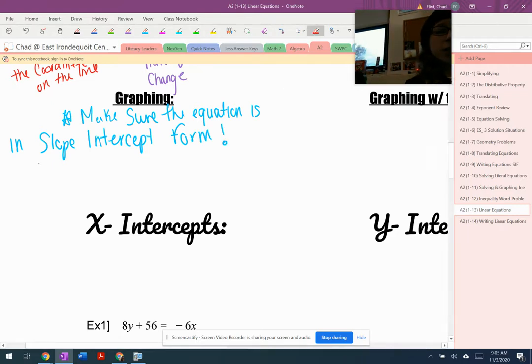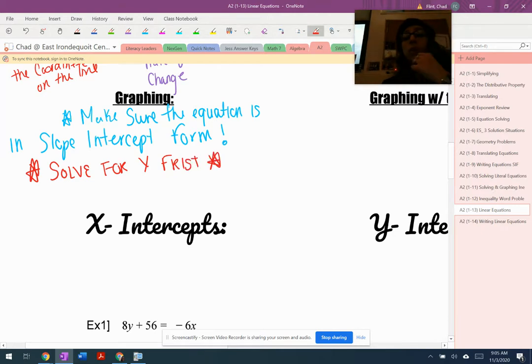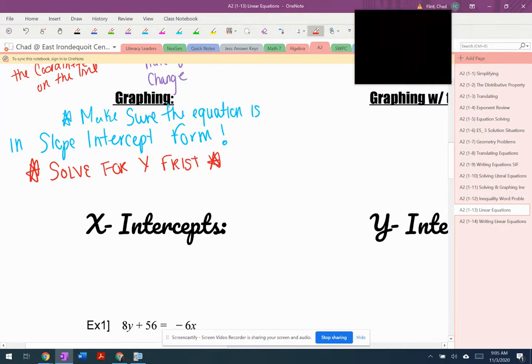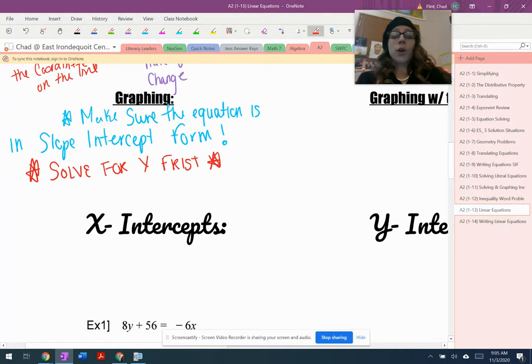And again, that's just reminding you that you need to solve for y first. And we practiced that in an earlier lesson, solving for y. So make sure you do that.